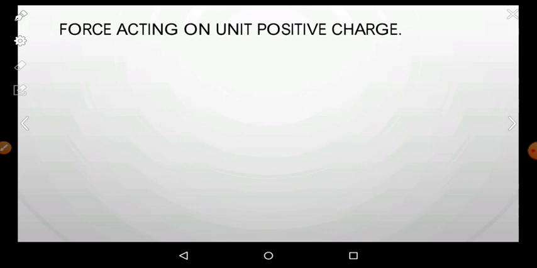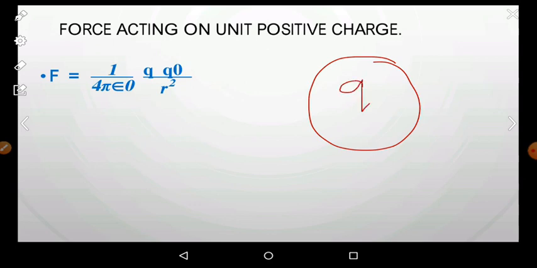The force between the two charges Q and Q naught at a distance R is 1 divided by 4 pi epsilon naught, Q Q naught divided by R square.